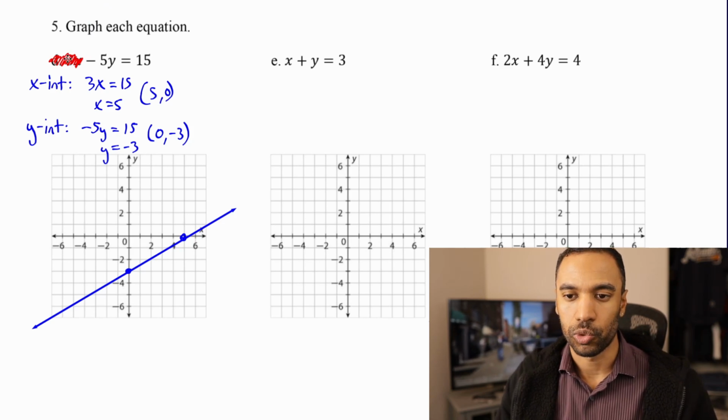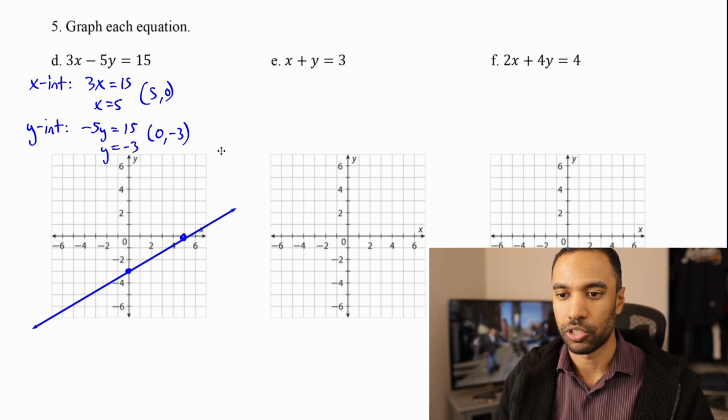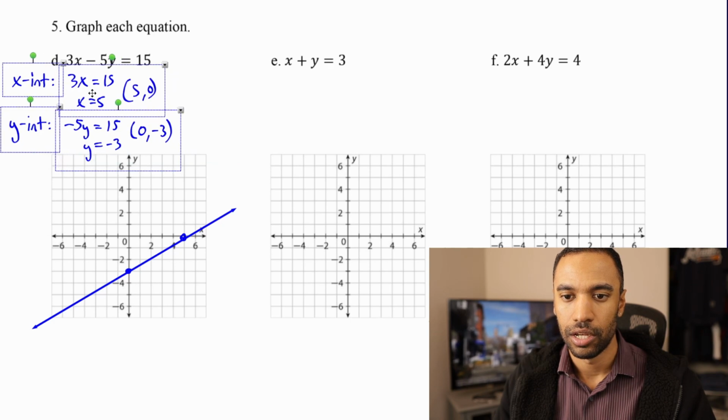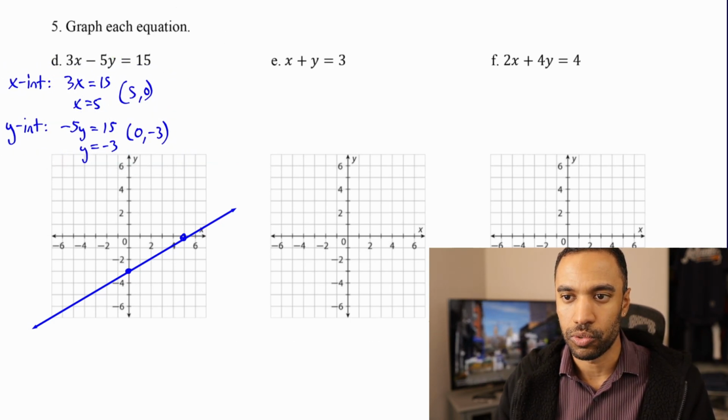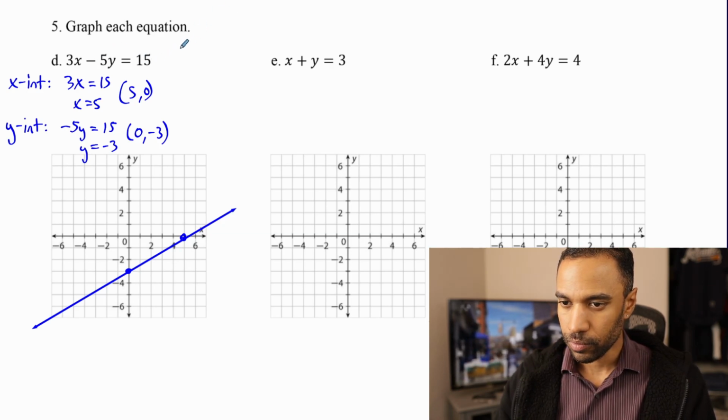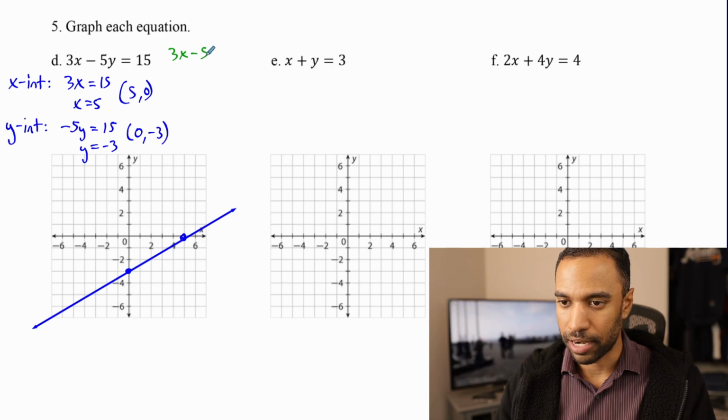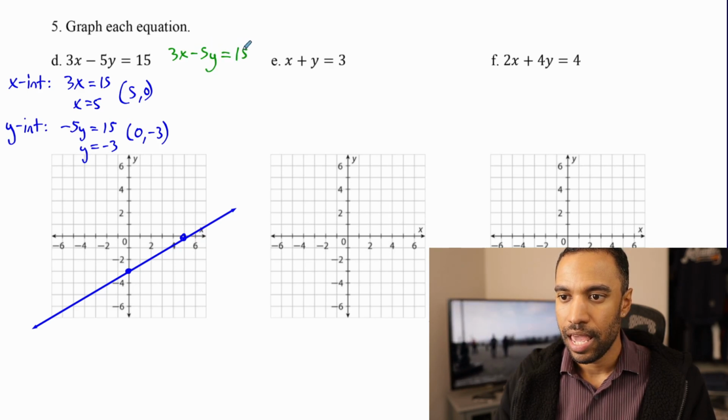Now let's confirm this one. What if I rewrote this into slope-intercept form instead? What if I take this and I do the steps that I need to get y by itself? I'll rewrite this again. 3x minus 5y equals 15. If I subtract 3x from both sides here, remember these two will not combine.